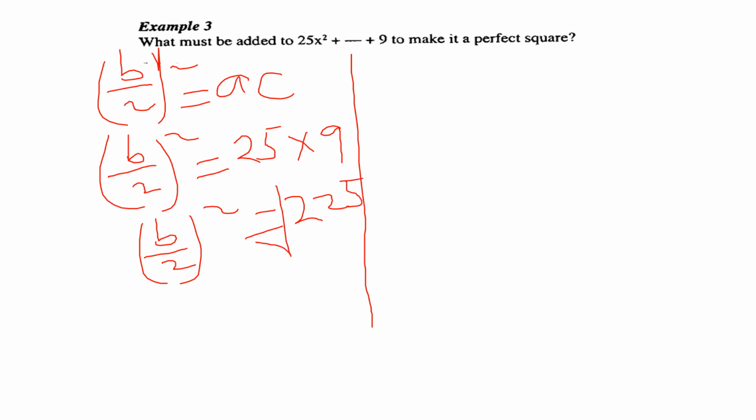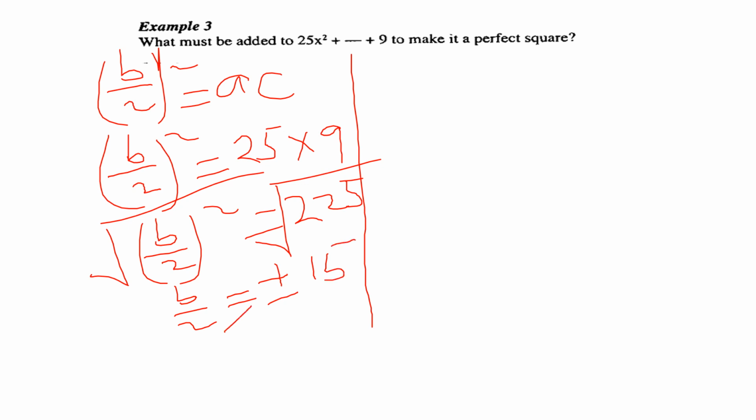So we can get the square root on this side and also on this side. So we shall have b divided by 2 equivalent to plus or minus 15. If we take this to the other side, we shall have b equivalent to either positive 30 or negative 30.